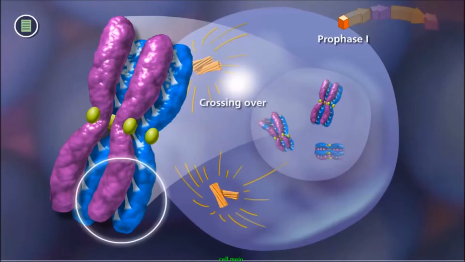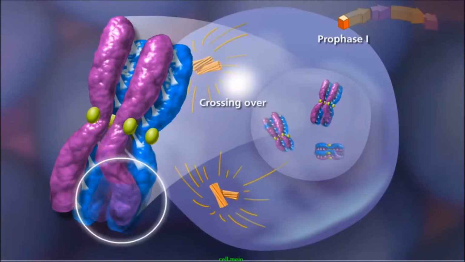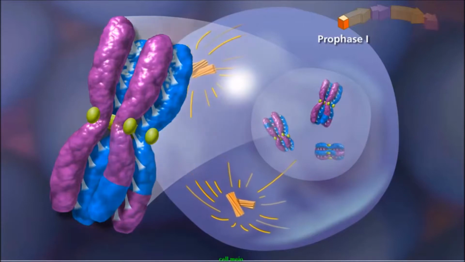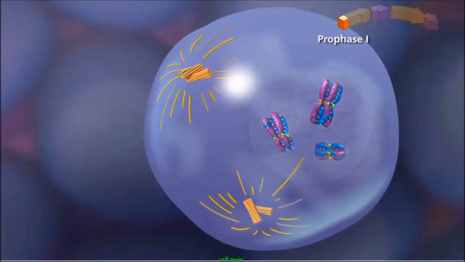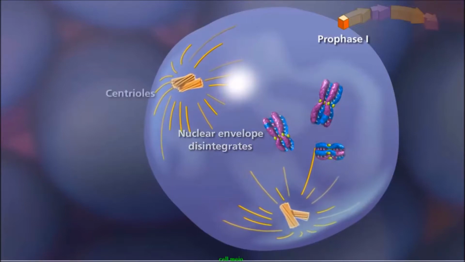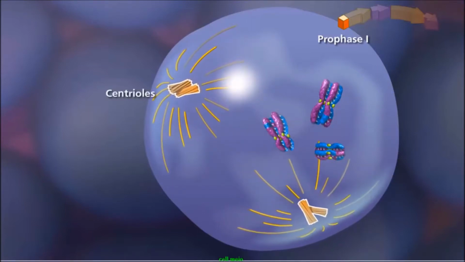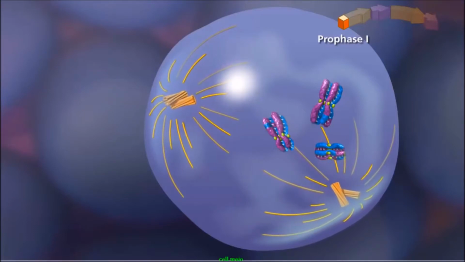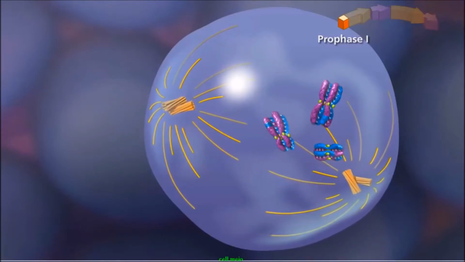During crossing over, a physical exchange between chromosome segments of non-sister chromatids occurs, increasing genetic diversity. Prophase I concludes with the fragmentation of the nuclear envelope as the duplicated centriole pairs move to opposite poles of the cell. As they move, the centrioles extend spindle fibers, forming the meiotic spindle.